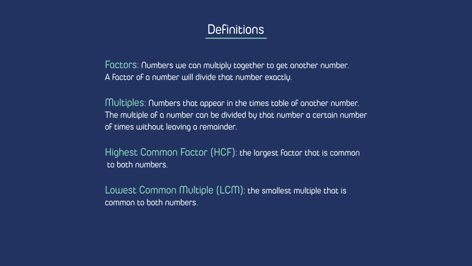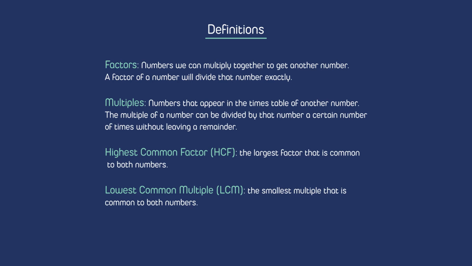Before we do more questions, I just want to go over a few definitions. Now, we've been using factors up to this point in doing our prime factorizations, so I'm sure you understand what they are, but I just want to confirm that factors are numbers that multiply together to make another number, and that a factor will always divide the number it came from exactly. They will always be smaller than the number they came from. Multiples, however, will always be larger, and that's because they are numbers that appear in the times table.